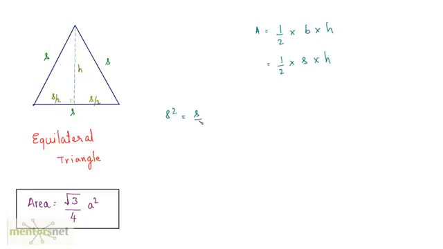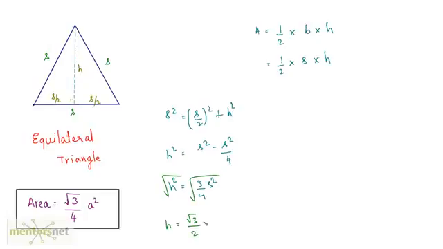So s by 2 square plus height square. Okay, we need height. So h square is equal to s square minus s square by 2 square, that is 4. So therefore height square is equal to 4s square minus s square by 4, that is 3 by 4 s square. Taking root on both the sides, we have h is equal to root 3 by 2 s.